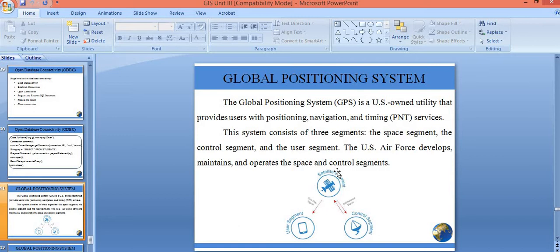Only in these orbits, the satellites will be roaming around the globe. 6 orbits are there, and in each orbit, 4 operational satellites will be roaming. So totally 24 operational satellites will be roaming around the globe, and these satellites are responsible for providing the services.